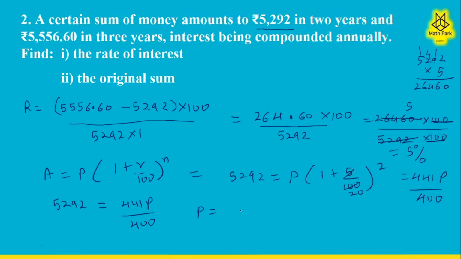So P equals 5,292 into 400 divided by 441. Simplify this: 441 divides into 5,292 12 times, and 12 fours are 4,800. So rupees 4,800 is the original sum. Got it? The rate is 5% and 4,800 is the original sum.